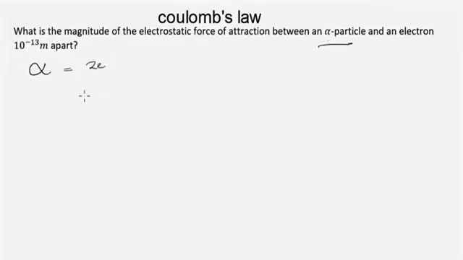The reason is that an alpha particle is a helium nucleus, consisting of two protons and two neutrons.